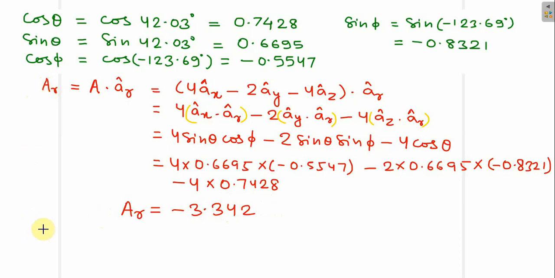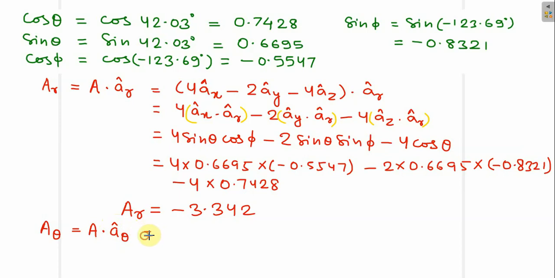So similarly, now I have explained it. In the similar manner, if I write A theta, because if we are going to convert to a spherical system, then we need the components along R, theta and phi. So AR we have calculated. We will calculate A theta similarly. To calculate A theta, the vector A, which is given in Cartesian coordinates, has to be dotted with the unit vector along theta.